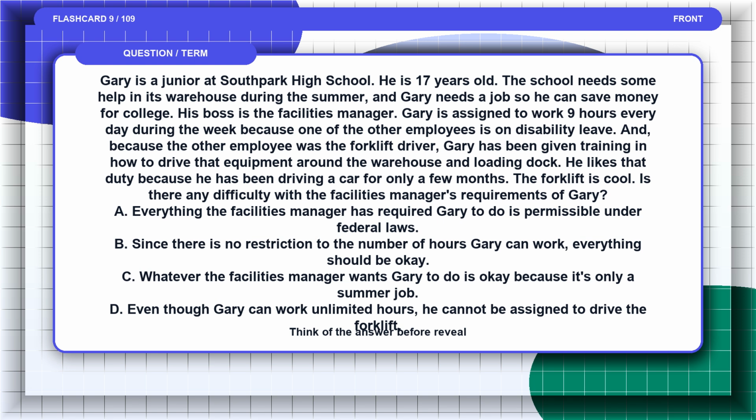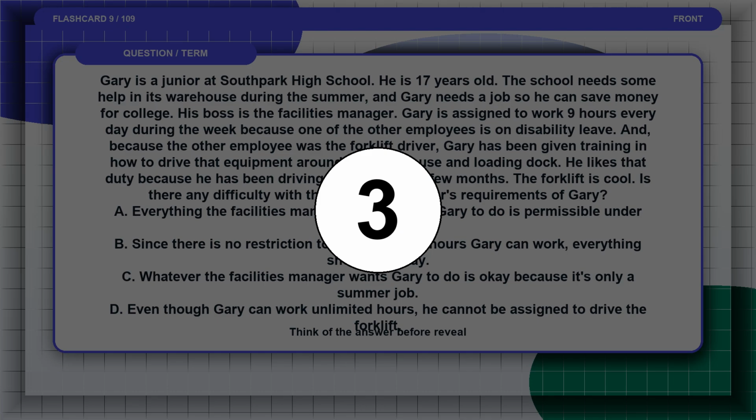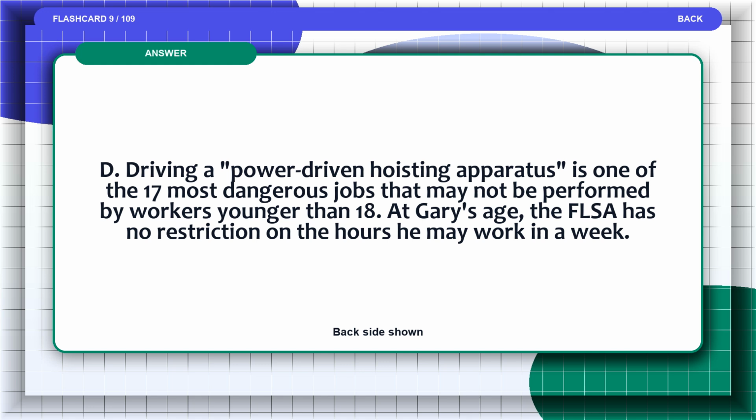Pause and think of the answer before the reveal. The answer is: driving a power-driven hoisting apparatus is one of the 17 most dangerous jobs that may not be performed by workers younger than 18. At Gary's age, the FLSA has no restriction on the hours he may work in a week.